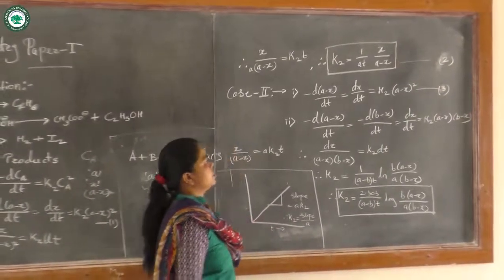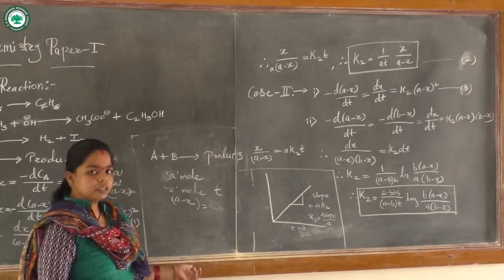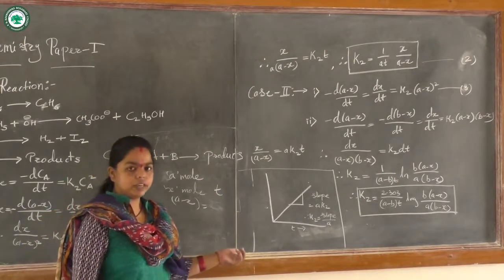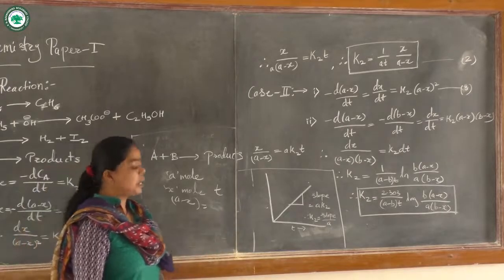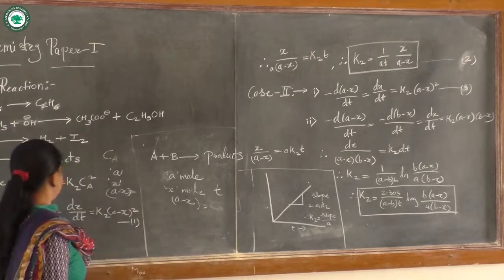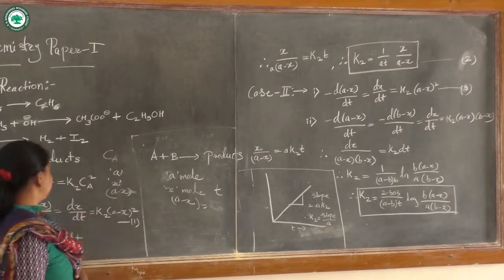Now this equation can be further calculated just as we have seen in case first, and we are further getting the same equation, that is, after taking the integration for the first. So it is similar to case first.